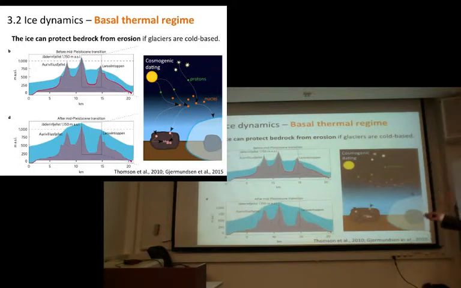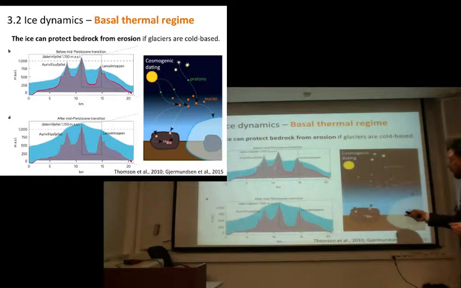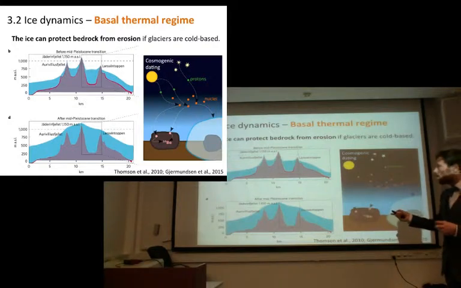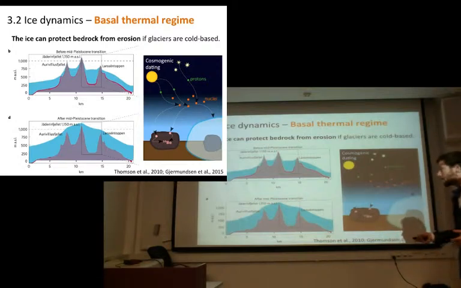The interesting part of the study is that they realized the ice could protect these tops for 1 million years, and these tops have not been eroded at all. That was the output. So this is a schematic of the understanding.